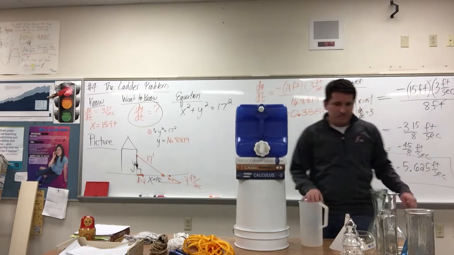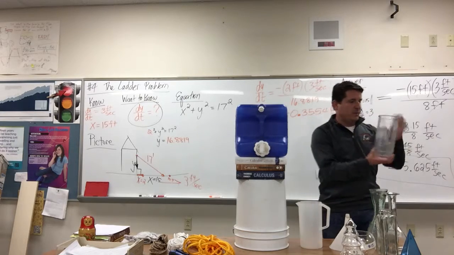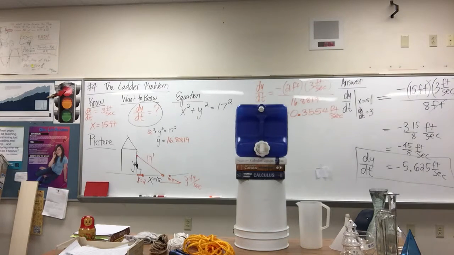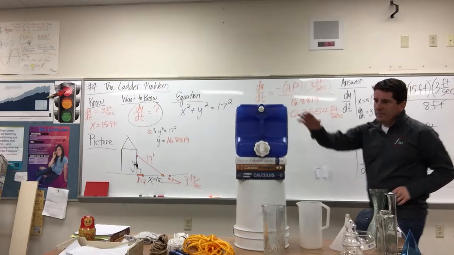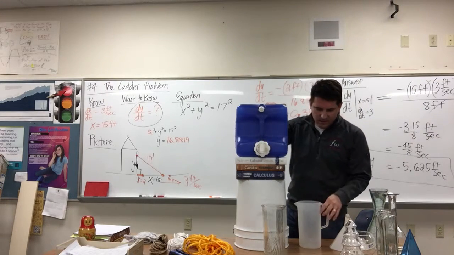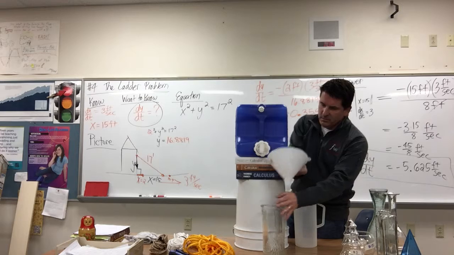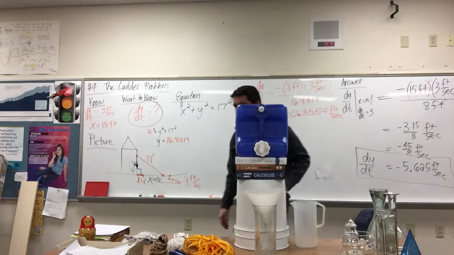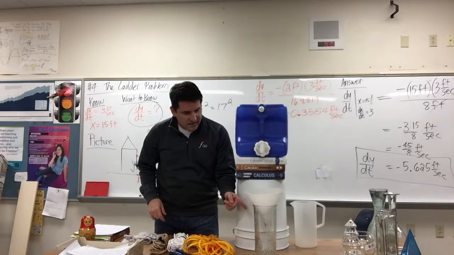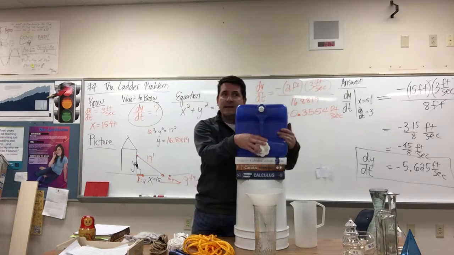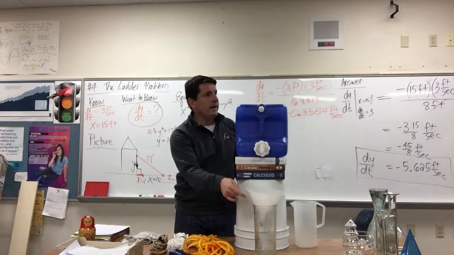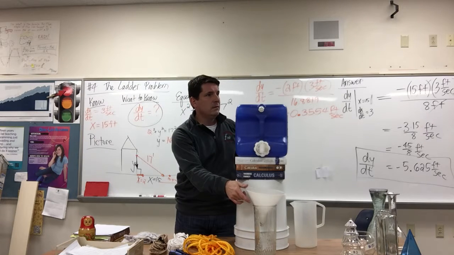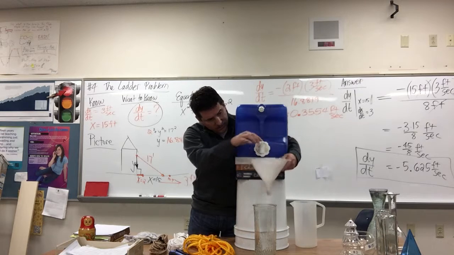So for example, I'll take something simple. Cylindrical base, right? So when I open this spigot and we've got water coming out, this should fill up. If this is a constant flow, shouldn't the height rise at a constant rate? Let's see if that actually works.